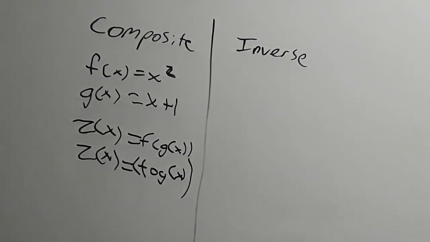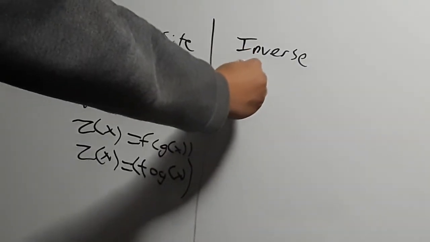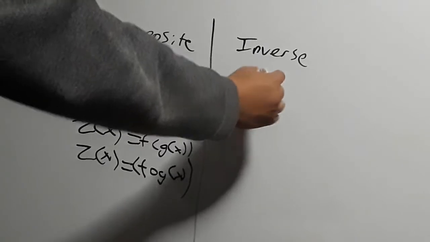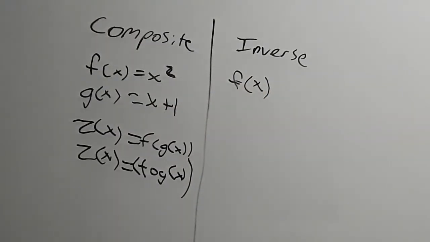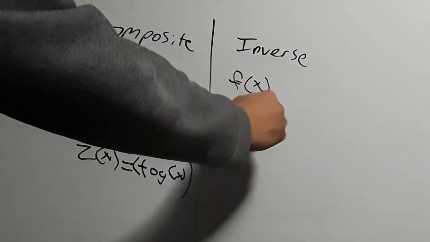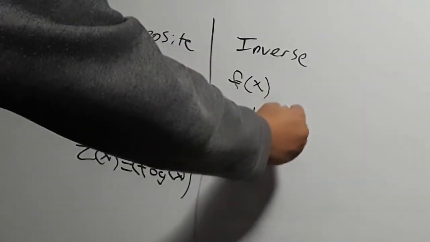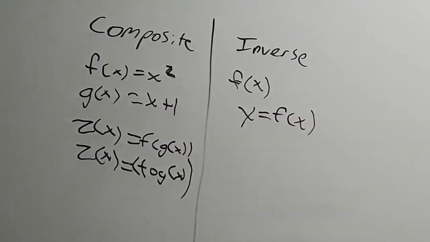Suppose that we have some f of x, and that is going to be defined to be y. So y equals f of x. Now, an inverse function can be defined as taking the inputs and making them outputs, and making the outputs become inputs.